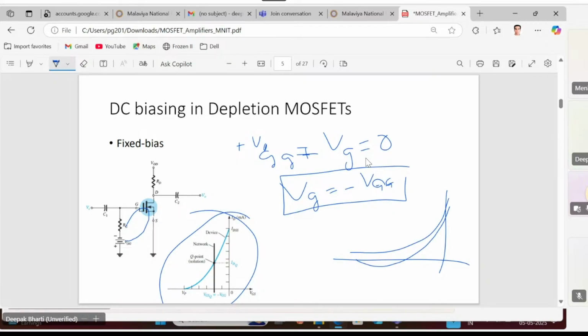This light blue characteristic represents the transfer curve of the depletion MOSFET, whereas this black straight line represents the VG equal to minus VGG line. And wherever these two curves intersect, that determines the operating point of your MOSFET. We will also learn by example how we can actually find the operating point in a real circuit. So first of all, let's analyze a few of the practical networks.